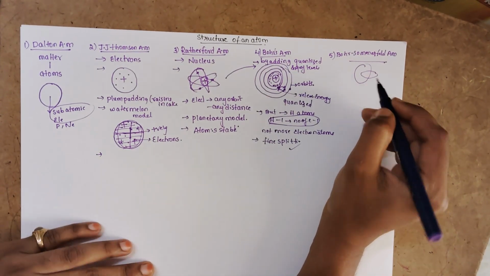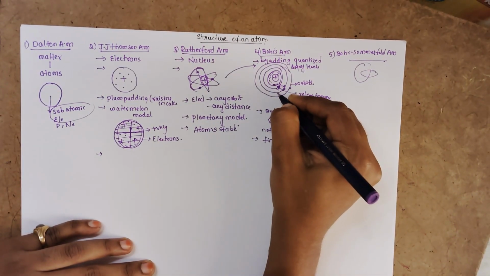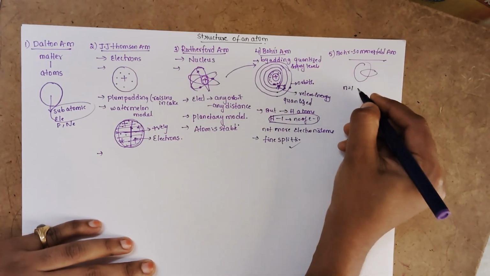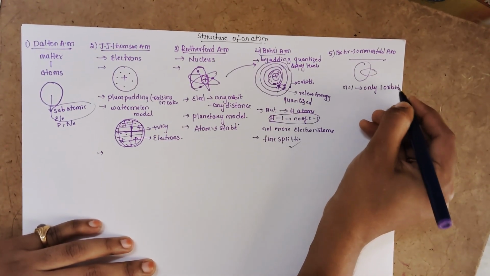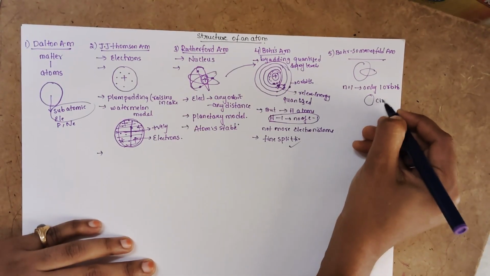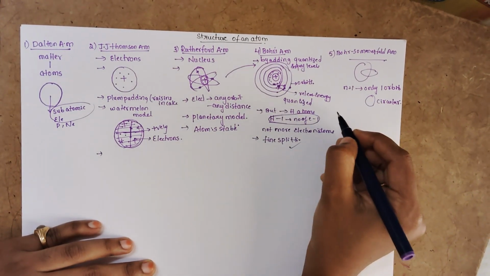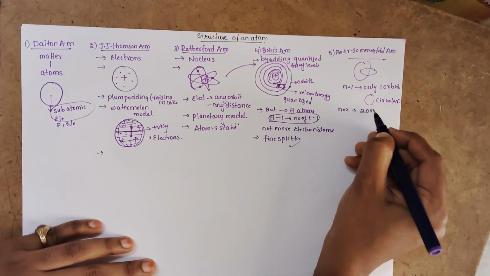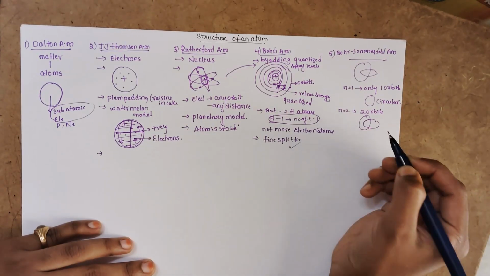Suppose for each energy level there are multiple orbits. This is n equals 1, n equals 2, n equals 3, n equals 4. If n equals 1, it has only one orbit, which is circular. If n equals 2, it has two orbits, one circular, one elliptical.